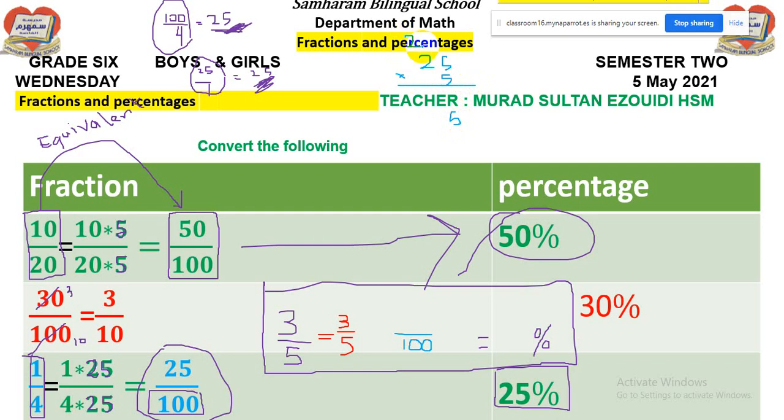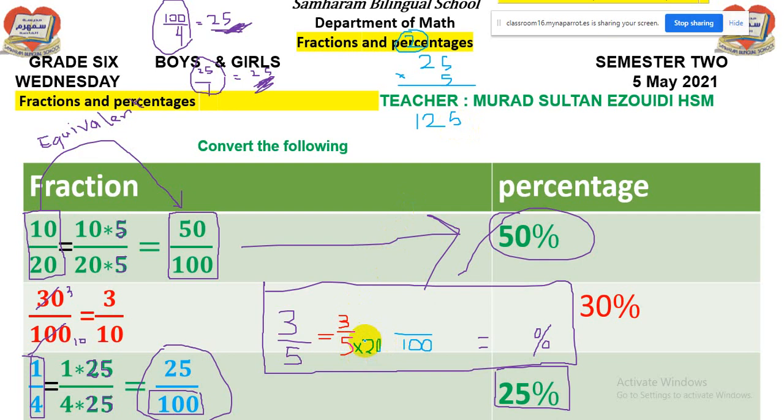Clear? 5 by 2 is 10, plus 2 is 12. So the answer is 125. I want the denominator to be 100. So I should multiply this by what? By 10, it will be 50. By 20, you mean? Good girl, yes. By 20.